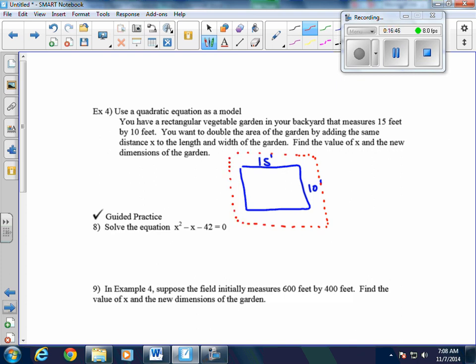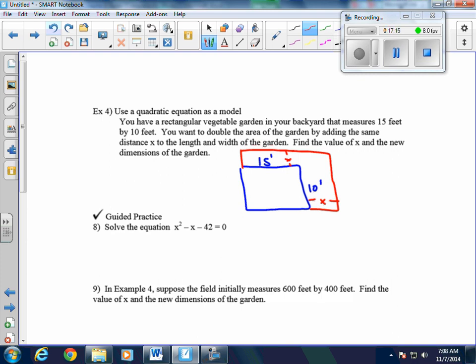you're going to make a new garden. Well, actually, let's do this a different way. We're going to add the same dimension. We're going to call this from here to here x, and from here to here x. So we're going to add the same distance to the length and to the width.